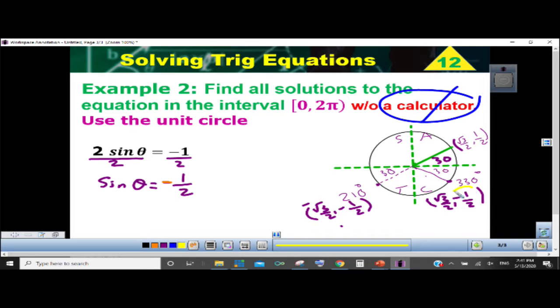So there's two possibilities here for me, either this one or that one. Two possibilities that I could pick, and that's what my theta is going to be: either 210, or theta could equal 330. What's 210 in pi radians?